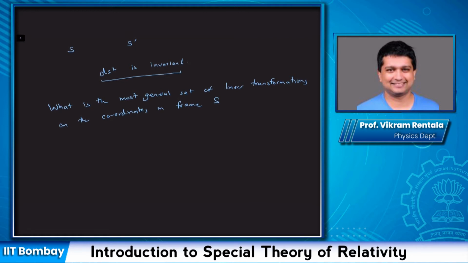That is, what is the most general set of linear transformations on ct, x, y, z such that the space-time interval between any two space-time points is preserved?